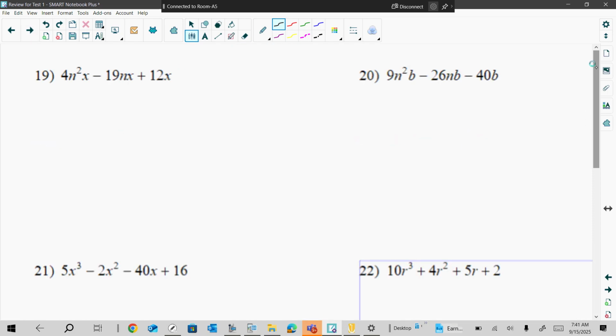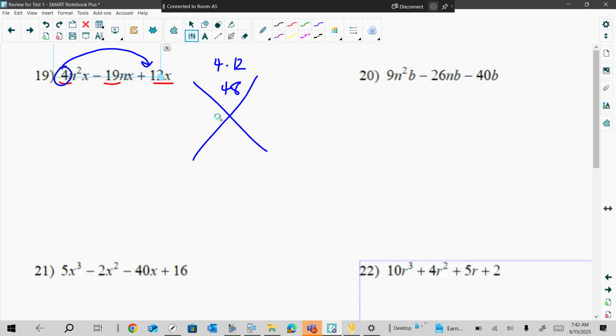All right, so on 19, again, I'm going to look at, I have a 4, a 19, and 12. Well, 4 cannot go into 19. I don't have any variable in common, so now I'm just taking my coefficient of 4 and slipping it to the 12. 4 times 12 is 48. So I'm looking for factors of 48 with the sum of negative 19.